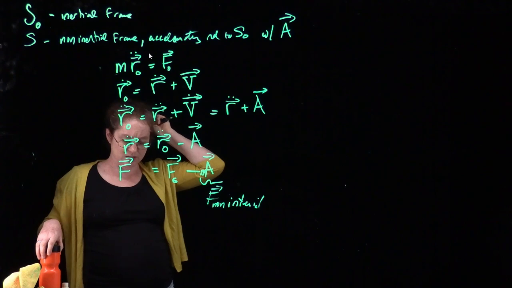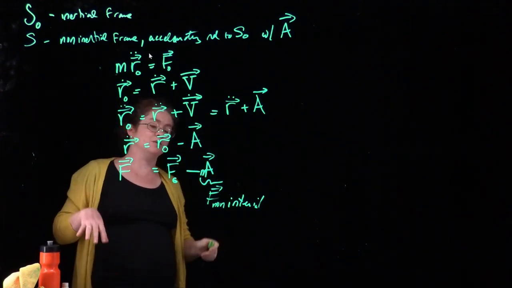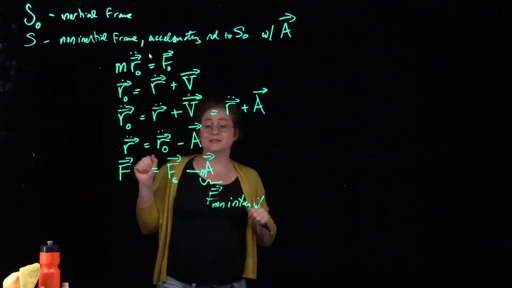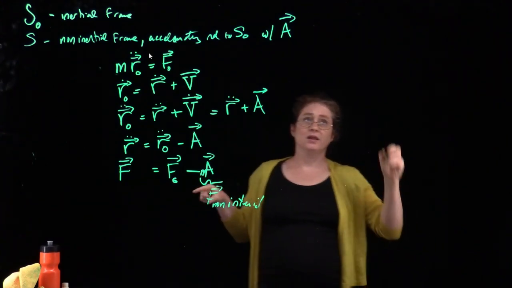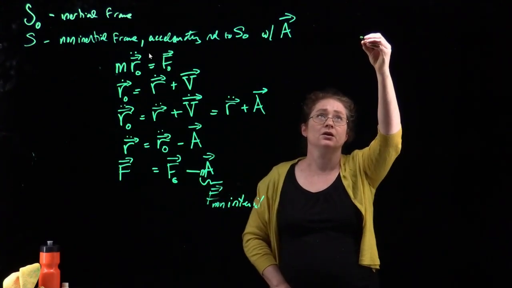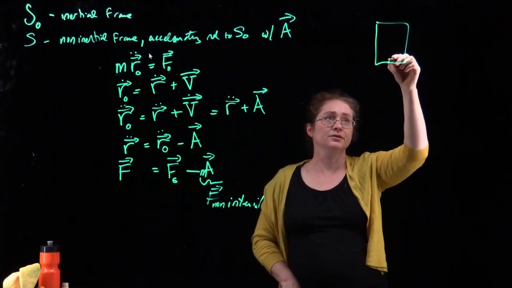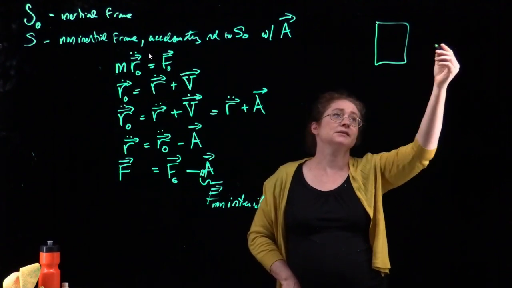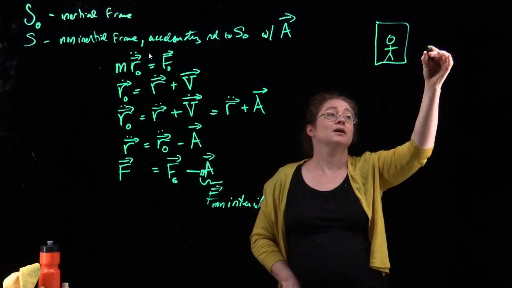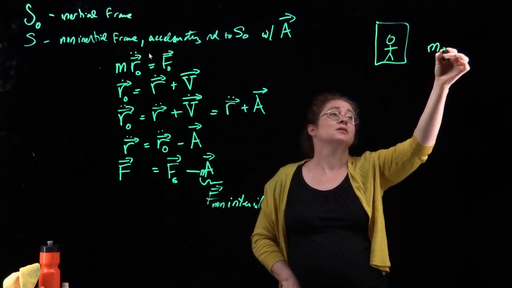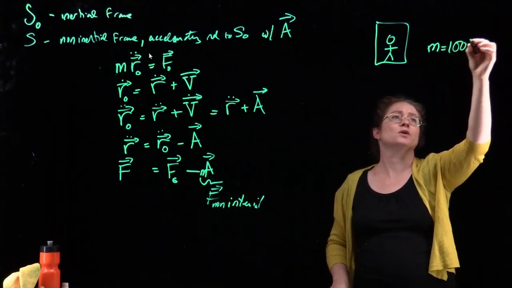So I like to ask questions. There's a couple questions that I like to ask on exams. One of them, and some of them are things like, what does the scale actually read? So let's say that you are on an elevator, and to make the math easy, we'll say the actual mass is 100 kilograms.